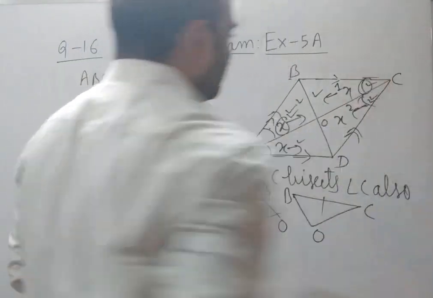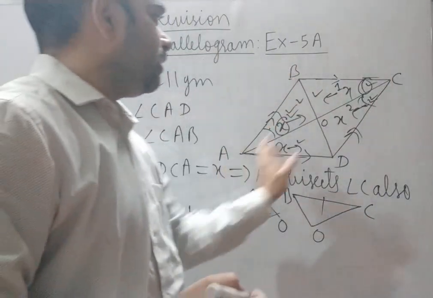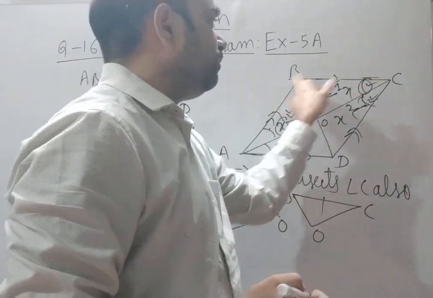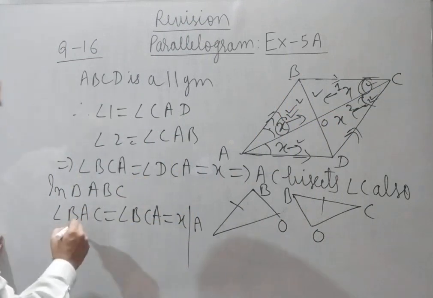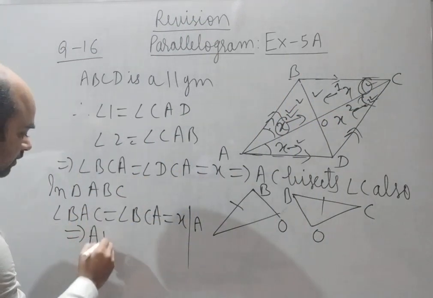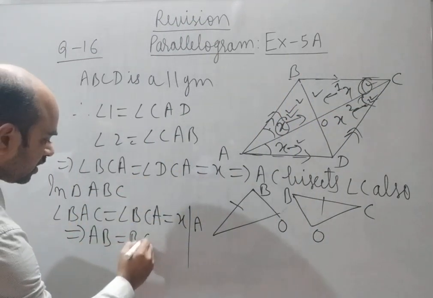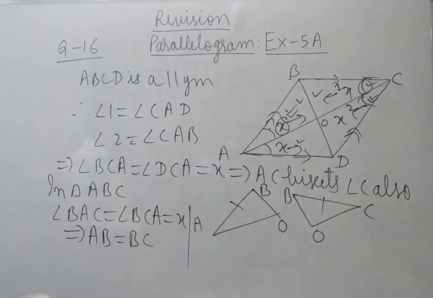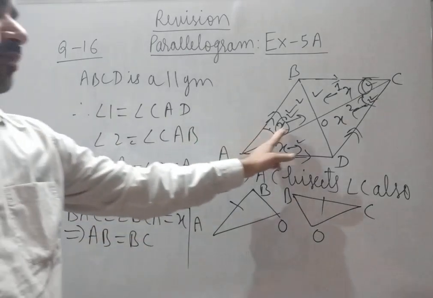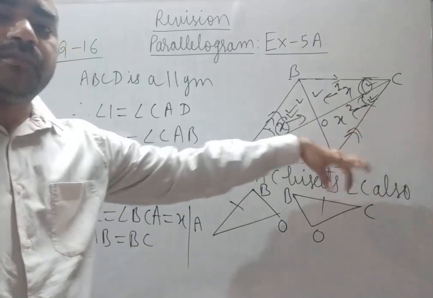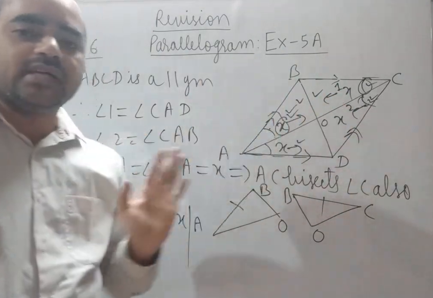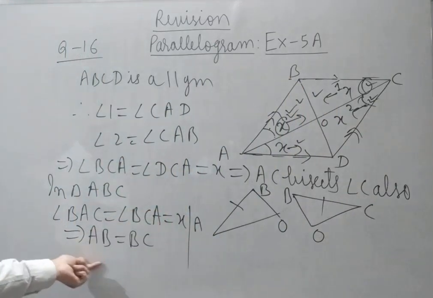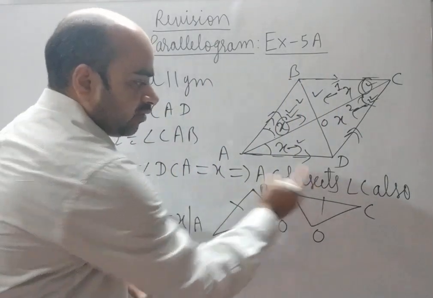In the triangle BAC, both the angles BCA are X. It means if both are X, sides will be equal. Correct? This is the result. If in any triangle angles are equal, opposite sides will be equal. If two angles are equal, then opposite sides will be equal. So AB is equal to BC.